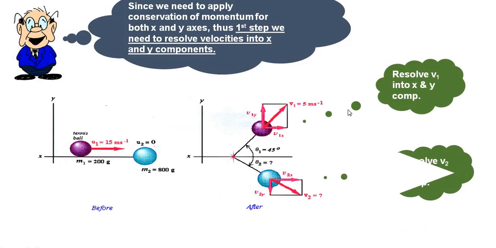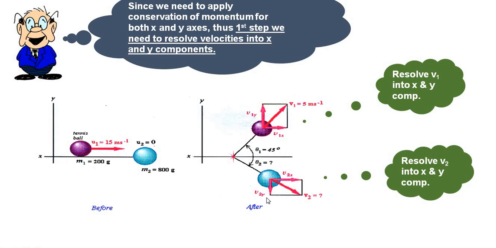Since we need to apply momentum for both components, the first step is to resolve velocity into x and y components. For v1, we have v1x to the right and v1y upward. For v2, we have v2x to the right and v2y downward.